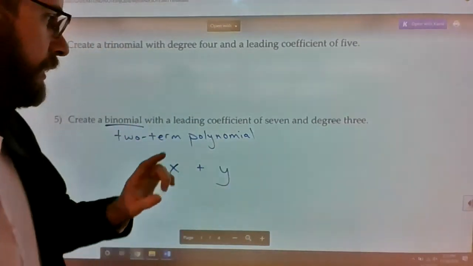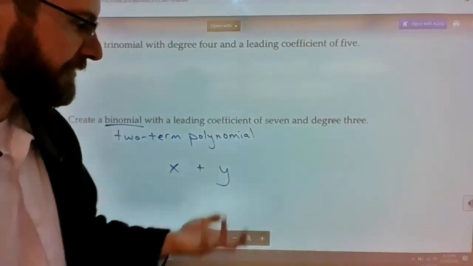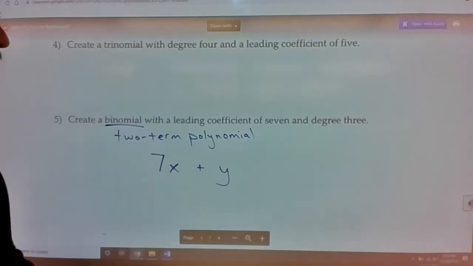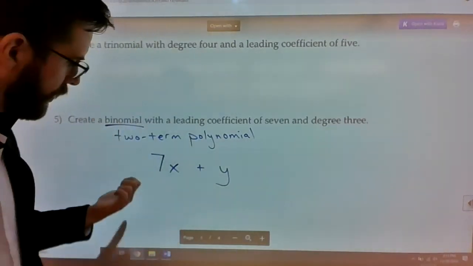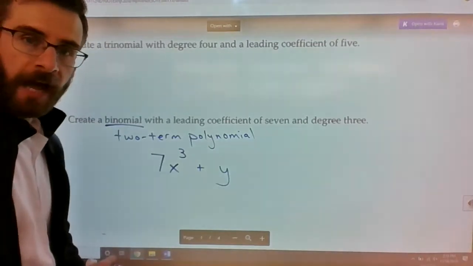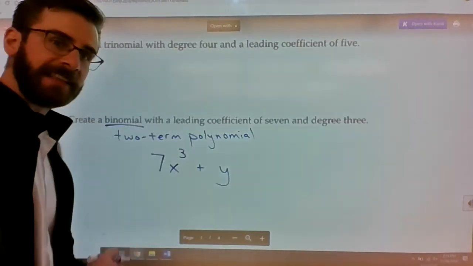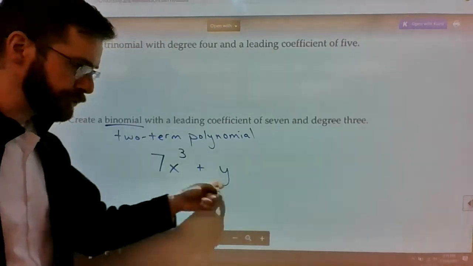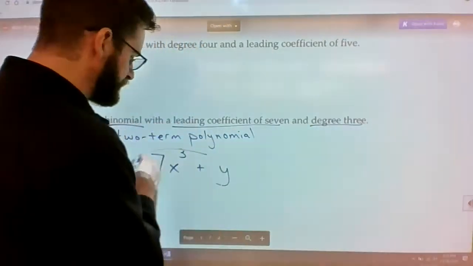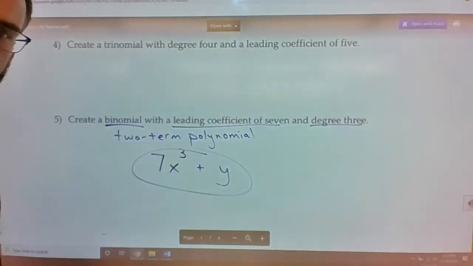But this binomial has to have a leading coefficient of 7 and a degree of 3. So I can make this 7x cubed. Now it has degree 3. Now it has a leading coefficient of 7. There's 2 terms, so it's a binomial. It satisfies all 3 conditions. So there we are. That one works.